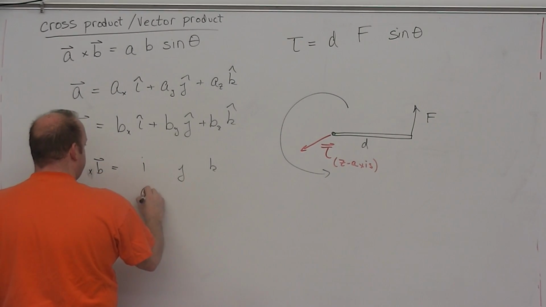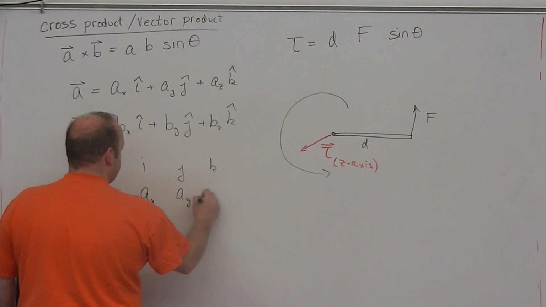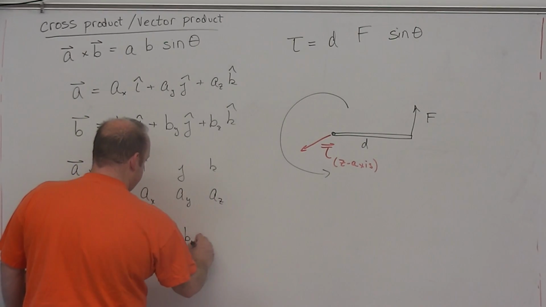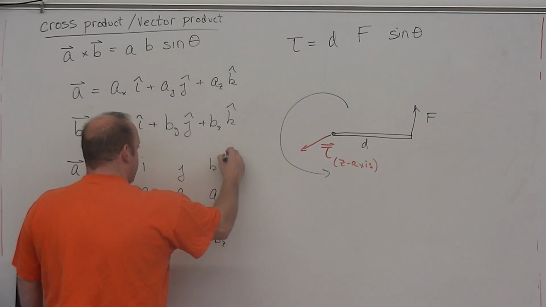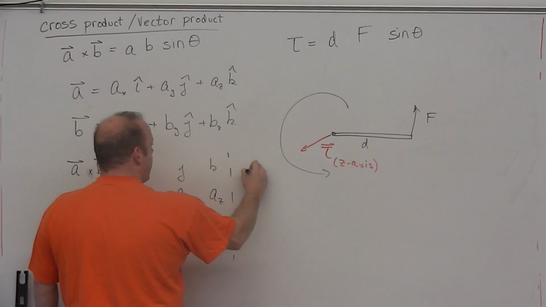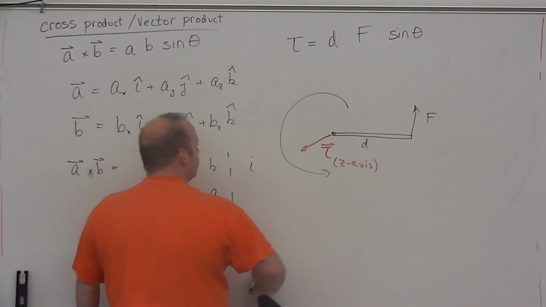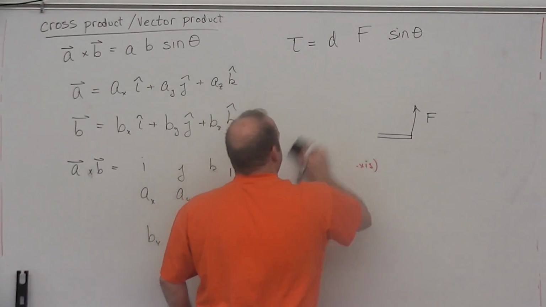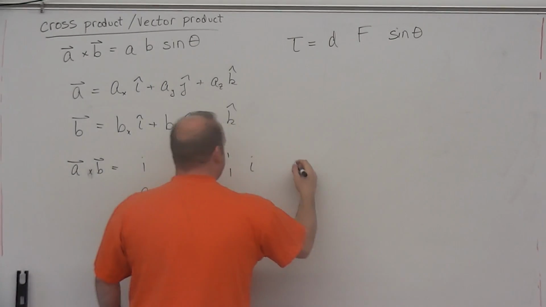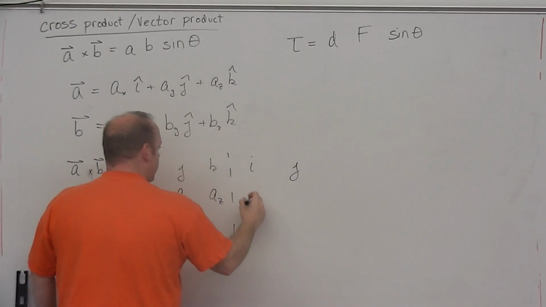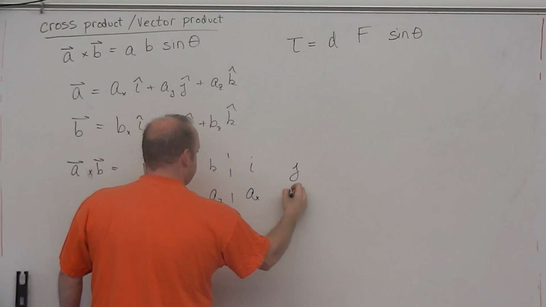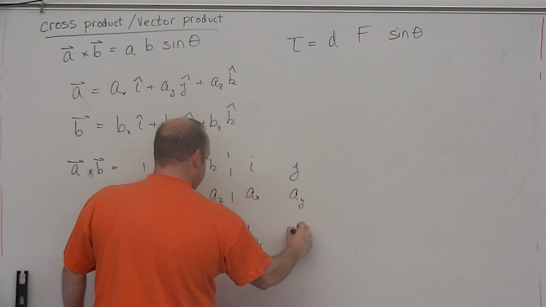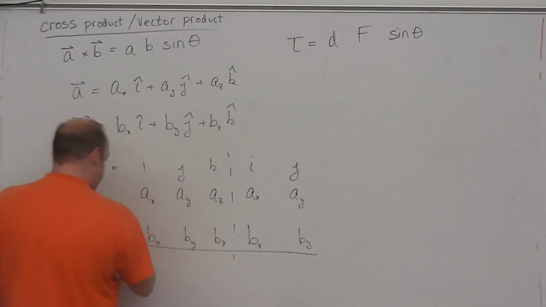I'm going to write in AX, AY, AZ, BX, BY, BZ. I'm going to put a little line here. I'm going to rewrite I and J. Say, oh, what about K? Well, we don't need it, so we don't do it. So it's AX, AY, BX, BY.